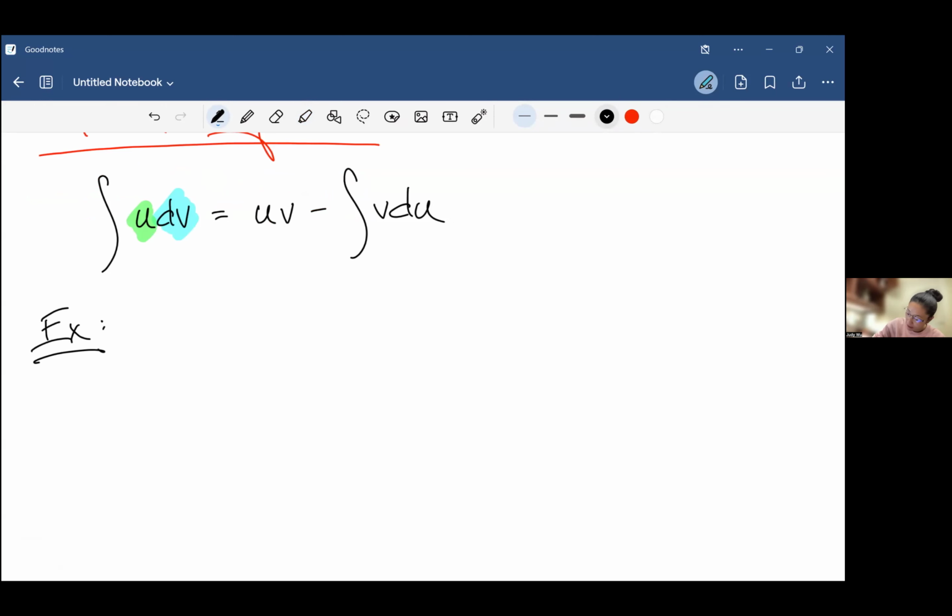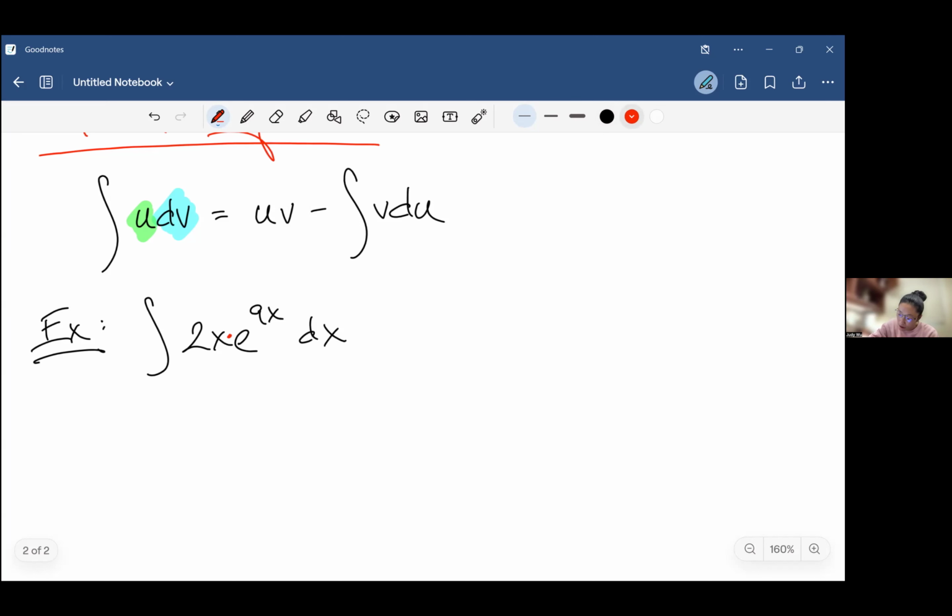Let's say we had the integral of 2x e to the 9x. I can see here that I've got two different functions, a 2x and an e to the 9x, but what is really important is that they are multiplied together.